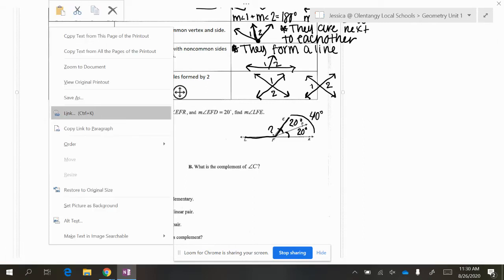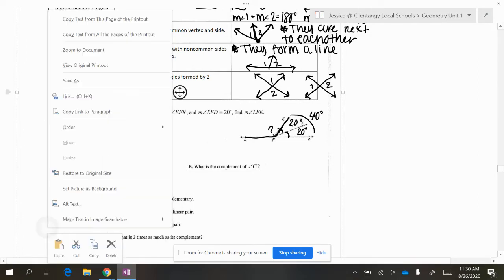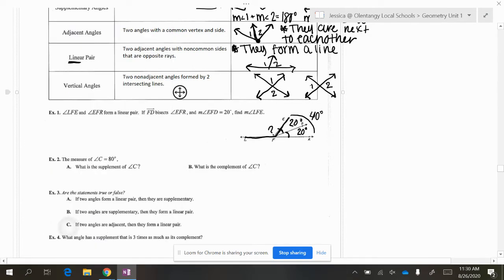Linear pair, a line is 180 degrees. So if this whole line is 180, let's say 180 subtract the 40 would be 140 degrees.